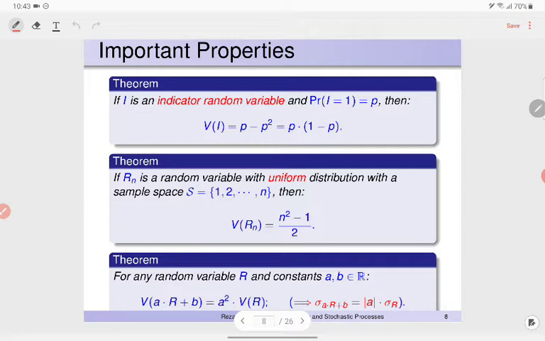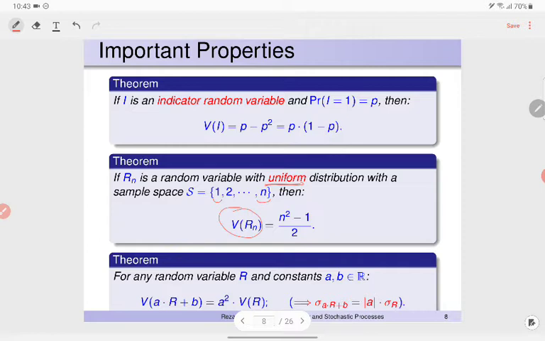If R_n is a random variable with uniform distribution, with a sample space S from value 1 until n, then the variance of this random variable is equal to (n squared minus 1) divided by 12.